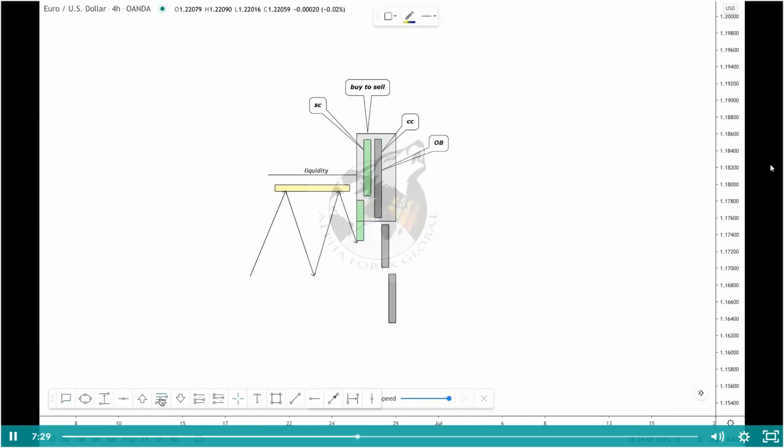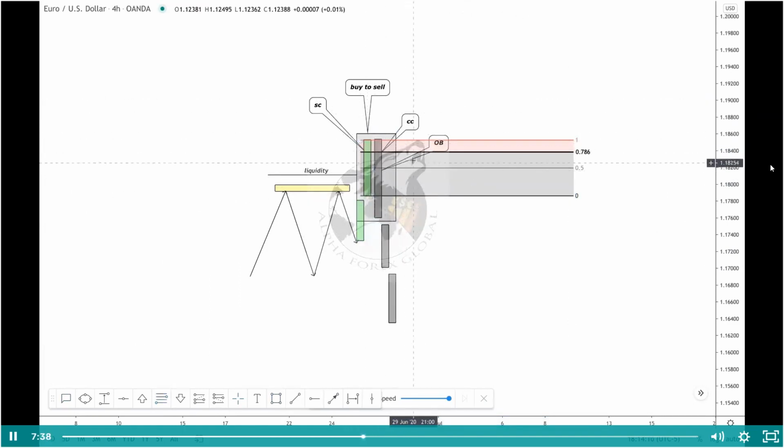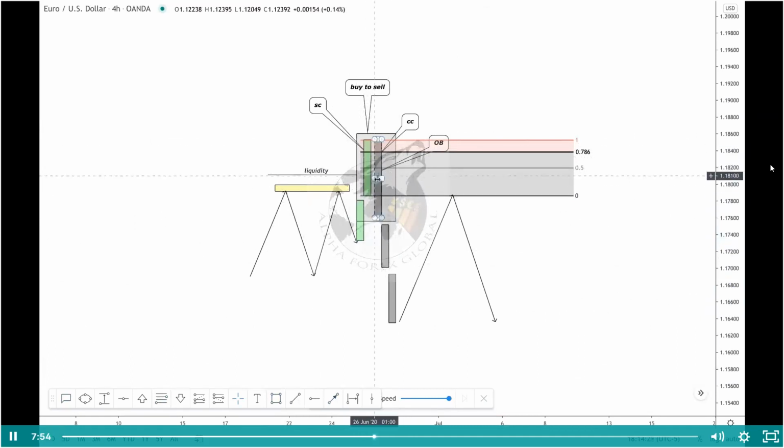Now how we'd enter based off these order blocks as our point of interest is that we highlight the sponsor candle, right? So when the market comes back, it can actually mitigate the sponsor candle. And when I say mitigate, mitigation is basically the market coming back to collect back the money from this order block when the institutions close their position.